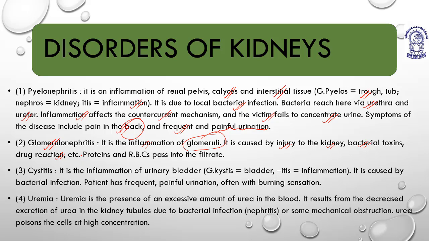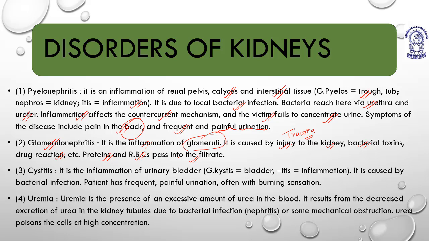It may be caused due to injury, that is trauma, bacterial toxins and drug reaction. Proteins and red blood corpuscles pass into the filtrate. So glomerulonephritis is the inflammation of glomeruli.